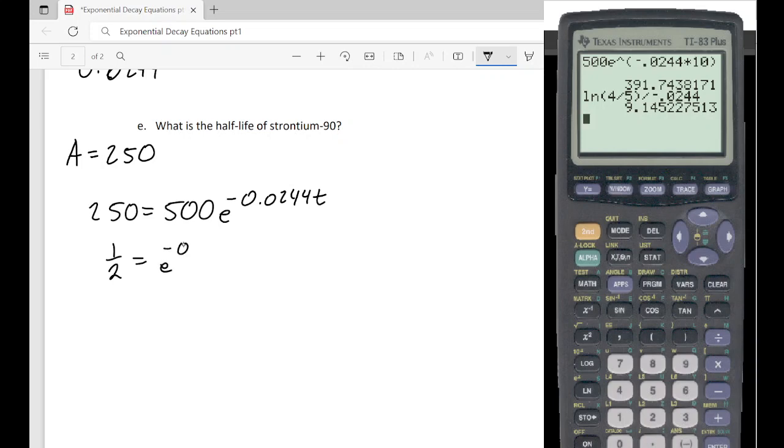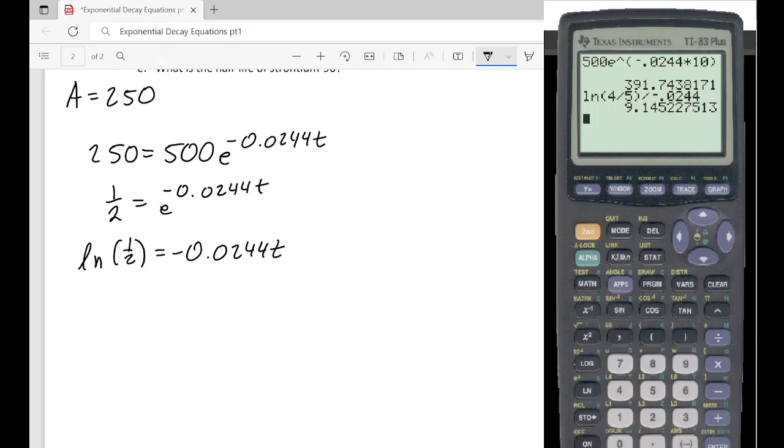e^(-0.0244t). Take the natural log of both sides. I'm going to get ln of 1/2 equals negative 0.0244t. Again, ln and e just cancel. And divide both sides by negative 0.0244.